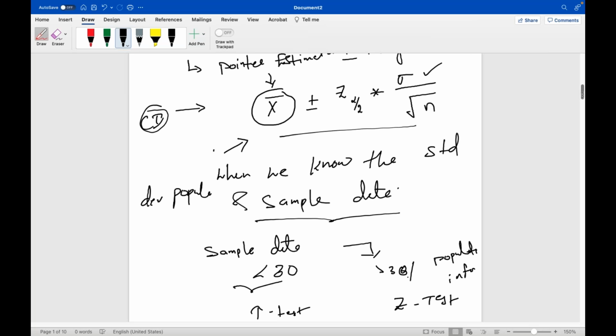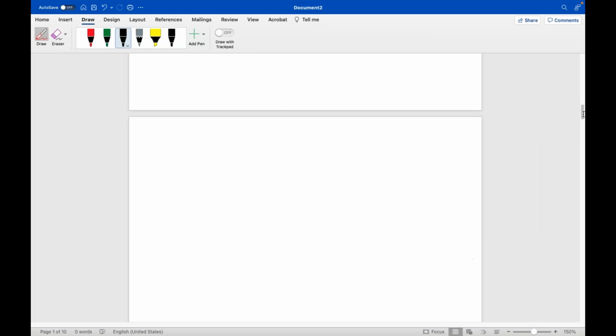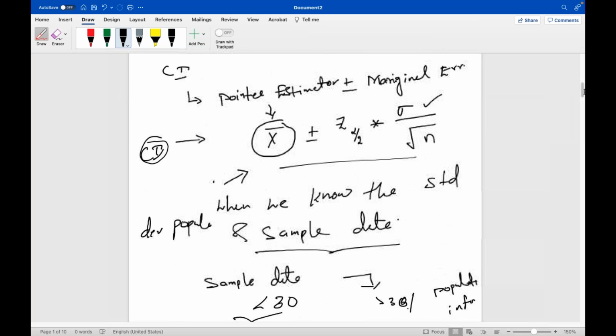Let me consider I have the population data. Can you please note these particular points? I will just wait for one or two minutes.